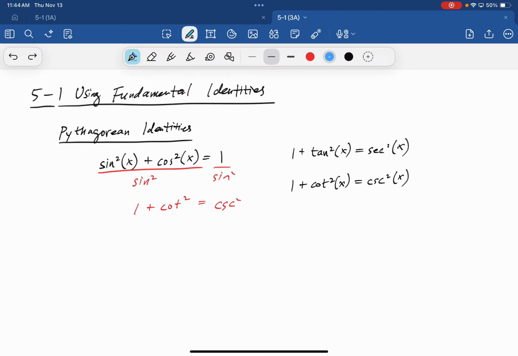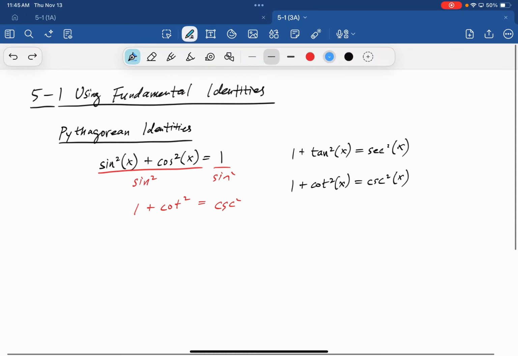Thankfully, it's pretty easy to memorize. You just need to remember two things. The first thing is that the tangent is always with the 1. Tangent goes with the 1, and cotangent also goes with the 1. They're both tangents, so they go with the 1. The second thing is that the c's are together. Cotangent goes with cosecant. And if they're not c's, they also go together.